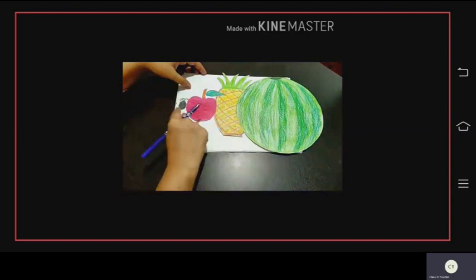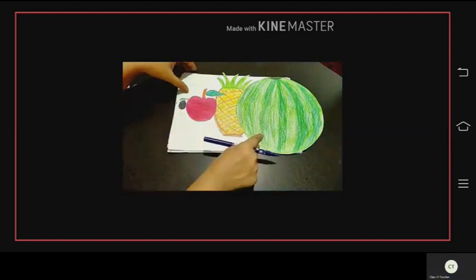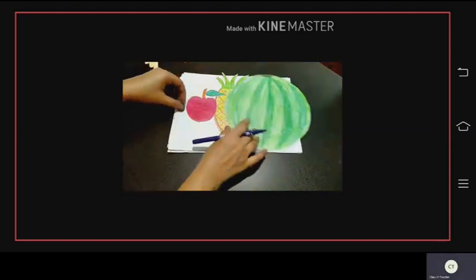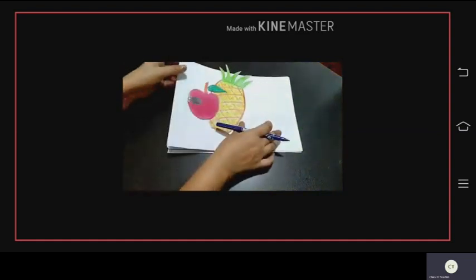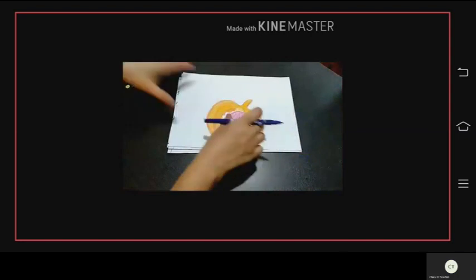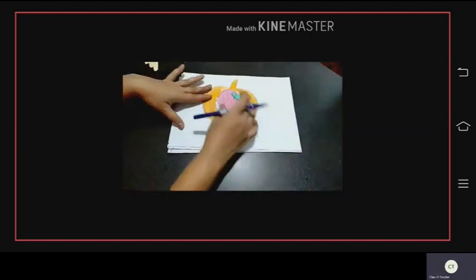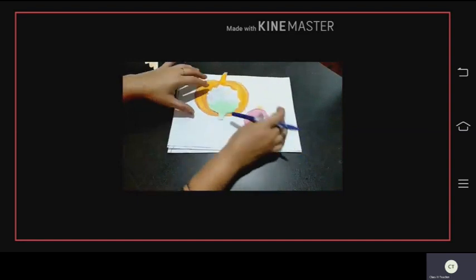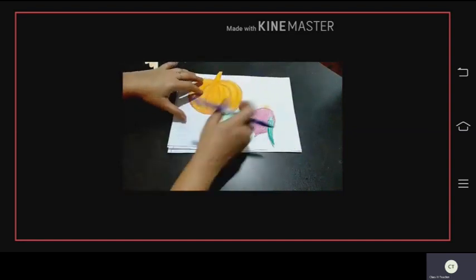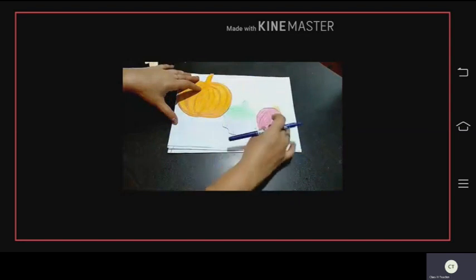Clear, children? One more picture example I want to show you. Here I have some cutouts of some vegetables. So we are going to arrange these vegetables in descending order.